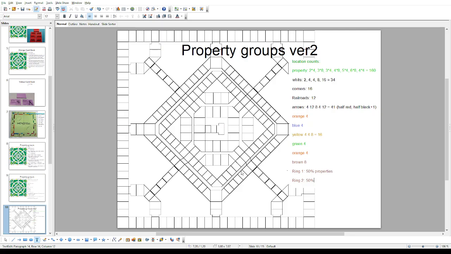Anyway, so that actually changes the math here. Not by much, but it does mean that we end up with slightly more than 50%. Let me use a calculator.